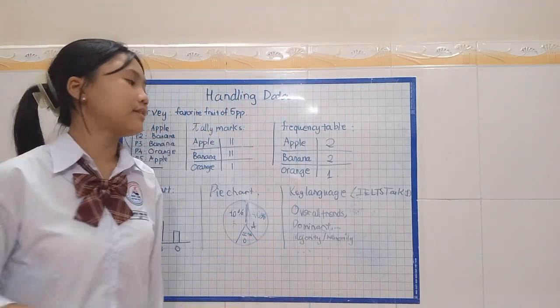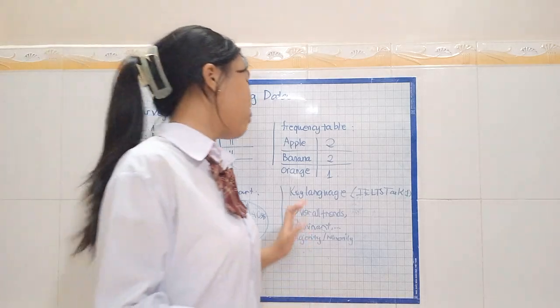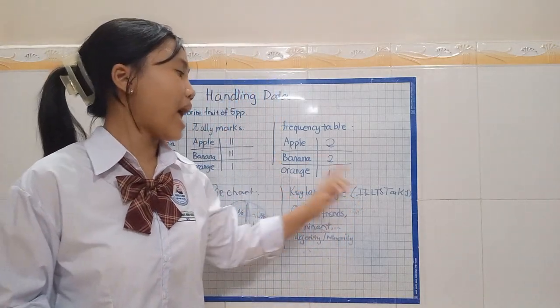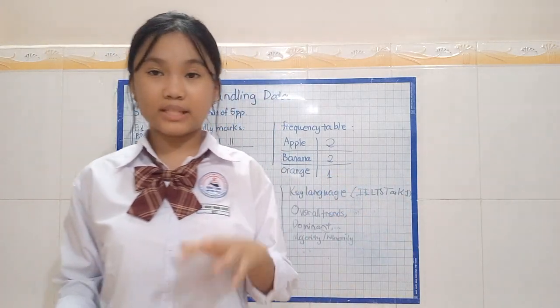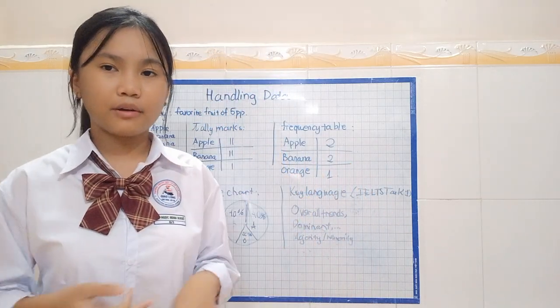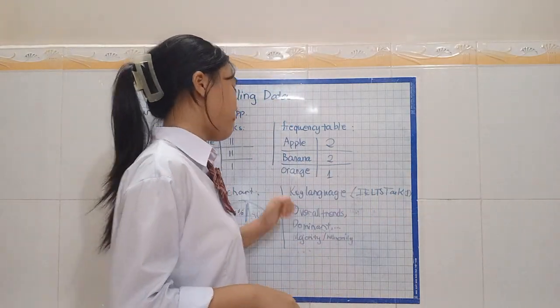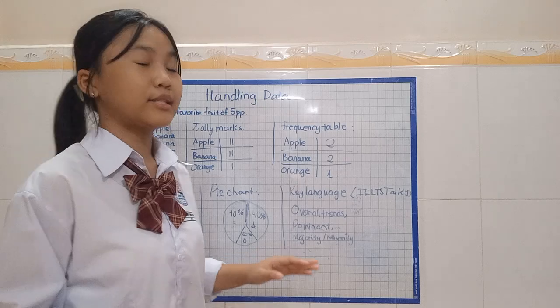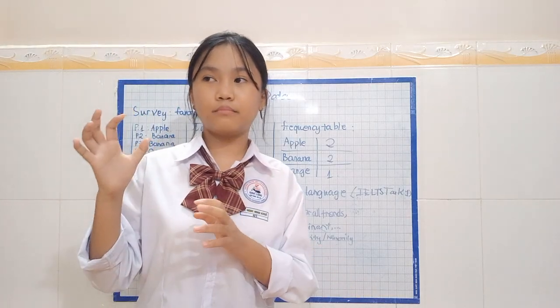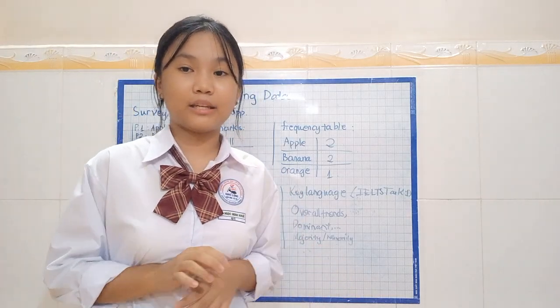And so now let's look at some keywords that we could use in IELTS Task 1 when we face problems such as bar charts, diagrams, or different kinds of charts and graphs. So what words are we going to be using? Probably first, overall trends. We basically mean the category that has the most use.